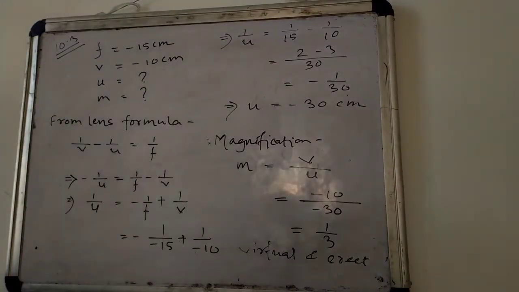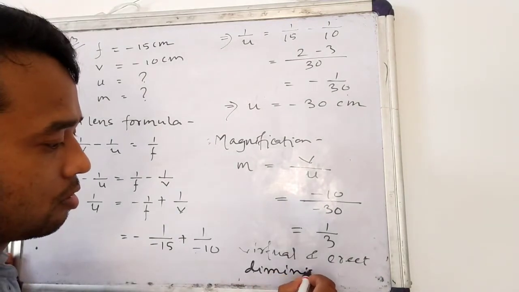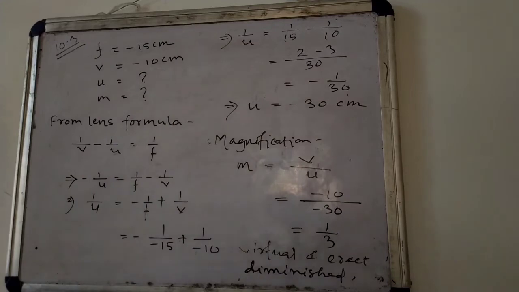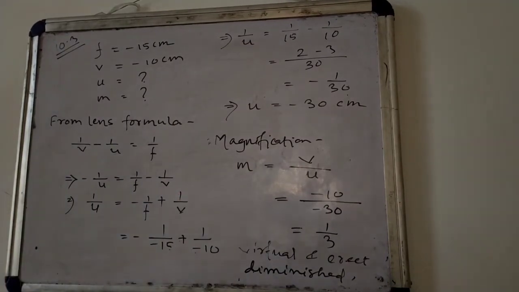And its magnitude is 1 by 3, which is less than 1. If the magnitude of the magnification is less than 1, then the image will be diminished. So in this way, from the magnification we can know the nature of the image.